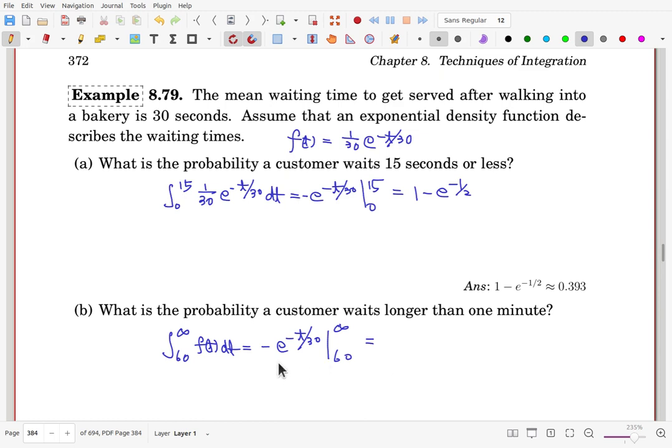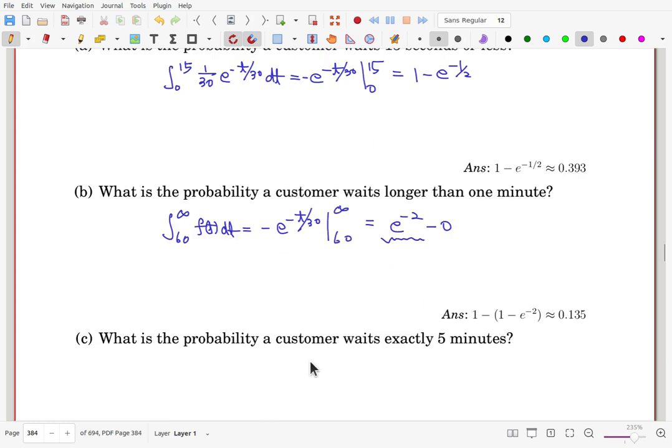When it is 60, that is e to the minus 2, and once it is infinity, the value is 0. So that is the answer for this part. In fact, we can also get it from the whole and subtract the integral from 0 to 60, so that we have 1 minus e to the minus 2. But you can get it in this way.